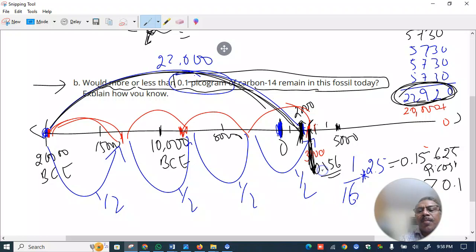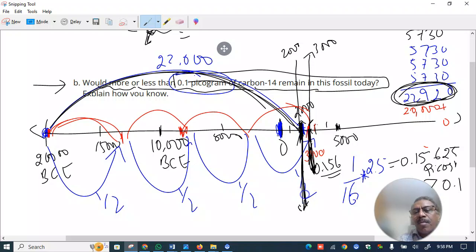Now this number, which is 2,000, is smaller than this, which is 3,000 on the timeline. That means this is before, right?